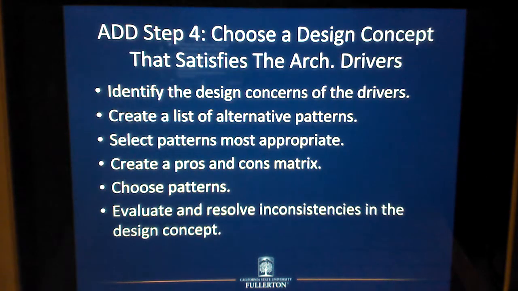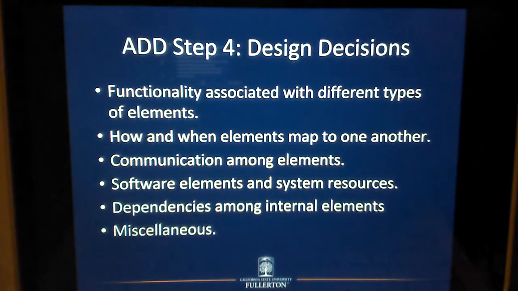Step 4 involves choosing an architectural concept that will satisfy the candidate drivers. In order to do so, the following 6 steps must be implemented. In step 4, major design decisions take place, including the functionality of elements, the relationship of elements to one another, and how the elements communicate with one another.